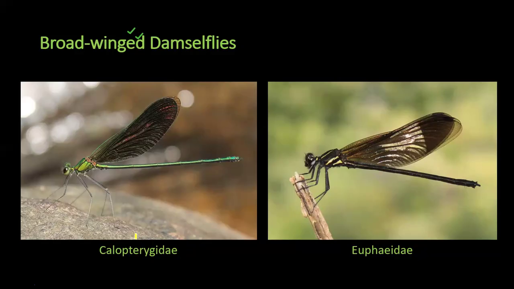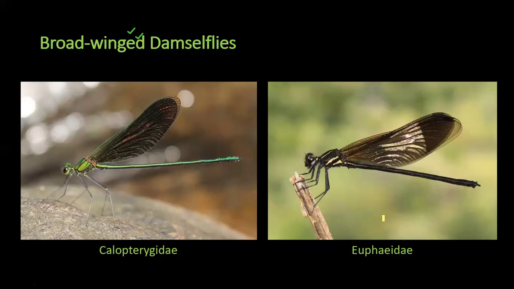The general factor is their wing shape, as their name says, is very broad. They have very broad wings compared to other damselflies, and very long legs. Those characters can be used to identify the family Calopterygidae, of which we have multiple species in our region.